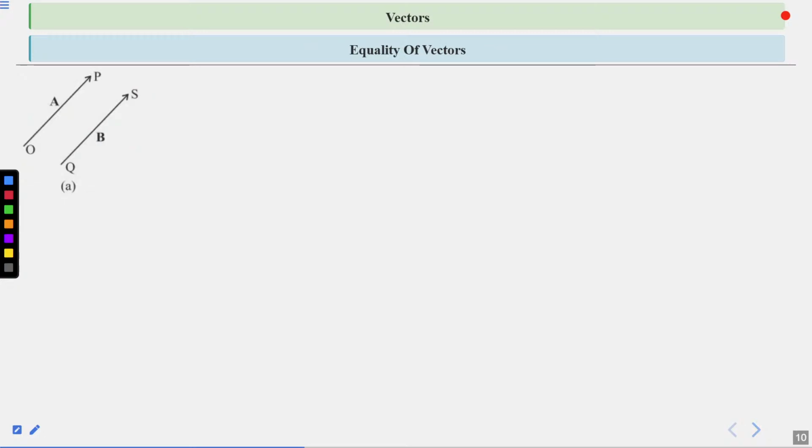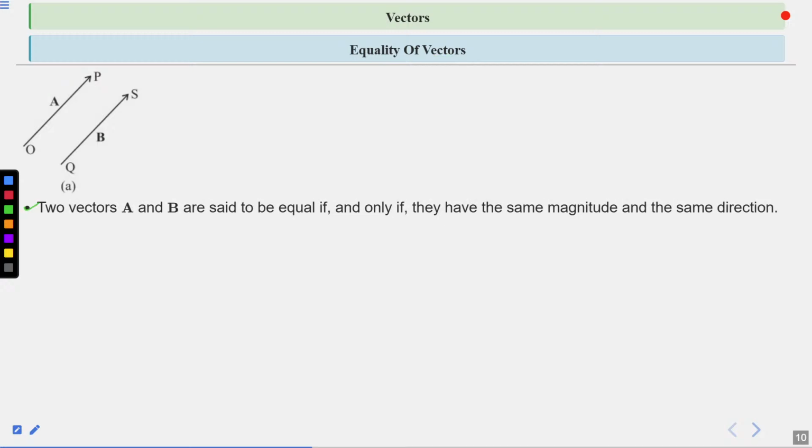Now we will learn types of vectors. So our first type is equality of vectors. Look at here, there are two vectors, vector A and vector B, or we can say OP vector and QS vector. Two vectors A and B are said to be equal if and only if they have same magnitude and same direction.